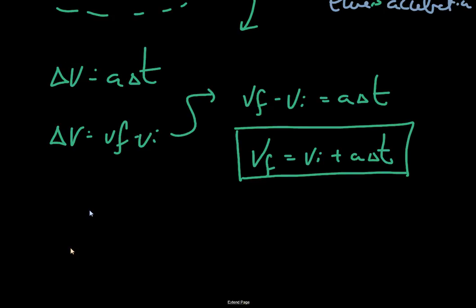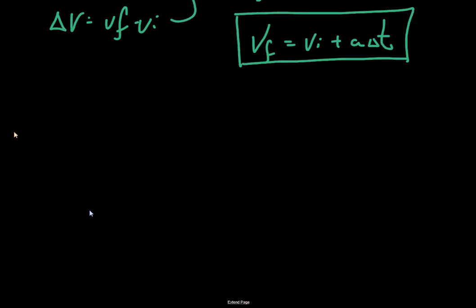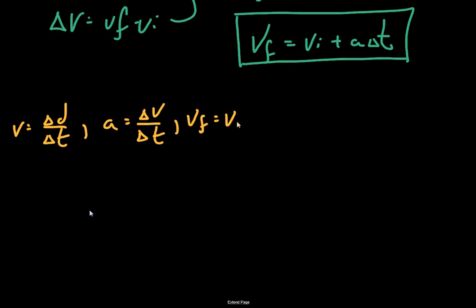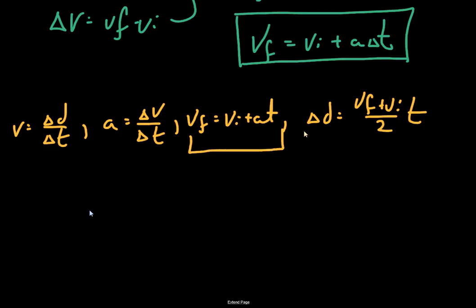So, putting all the formulas in one big row. Here we go. Velocity is delta D over delta T. Acceleration is delta V over delta T. Vf equals Vi plus At, and delta D equals Vf plus Vi over 2 times T. These describe accelerated, non-uniform motion.